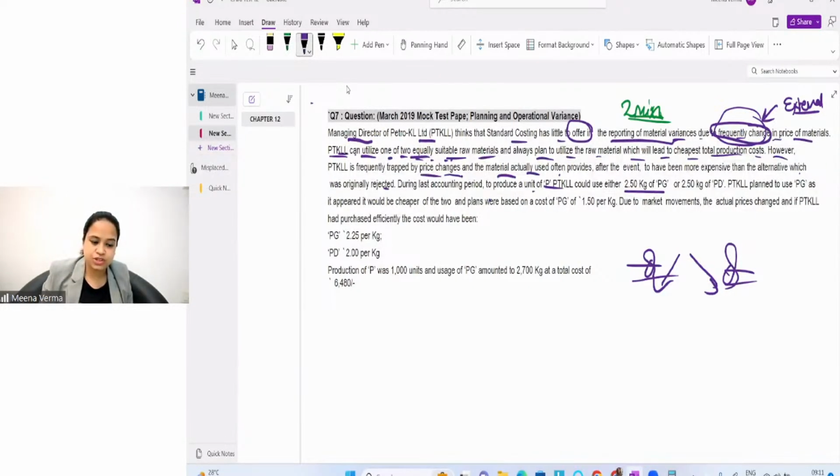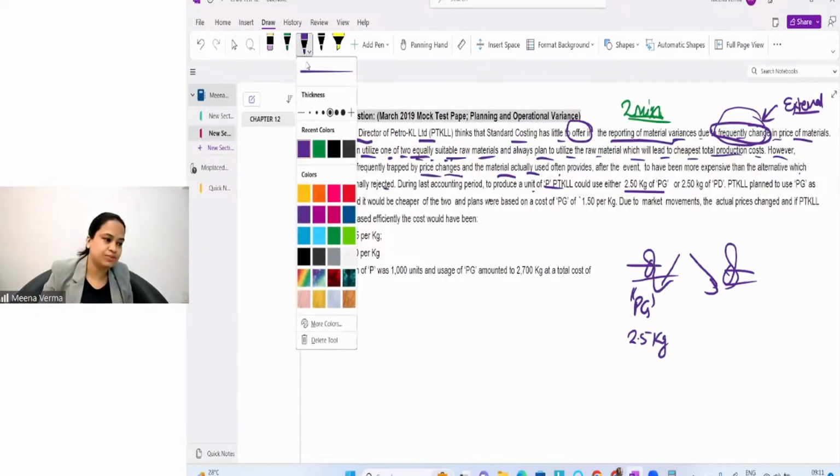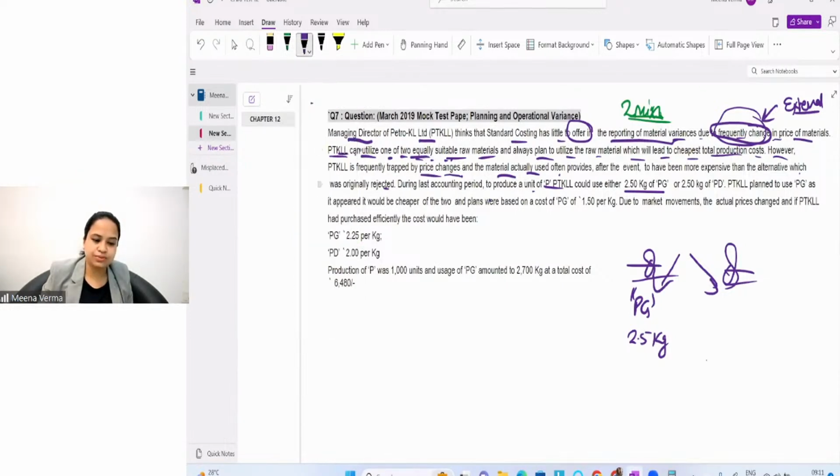So they have the option, either they can use PG material. How much? 2.5 kg. Or they can use material PD, 2.5 kg of PD, right?